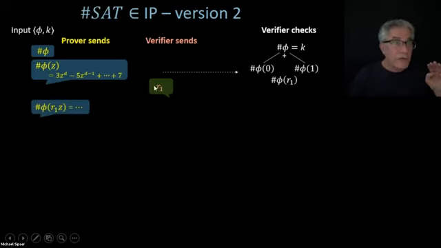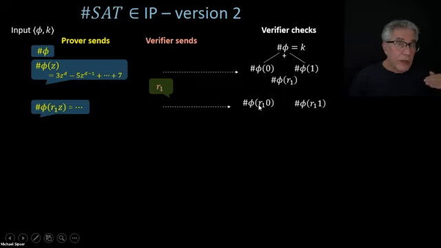Now the prover, in order to check that this value is right, is going to send the polynomial for the next level. From that, we can plug in 0 and 1 for z and see if that adds up.